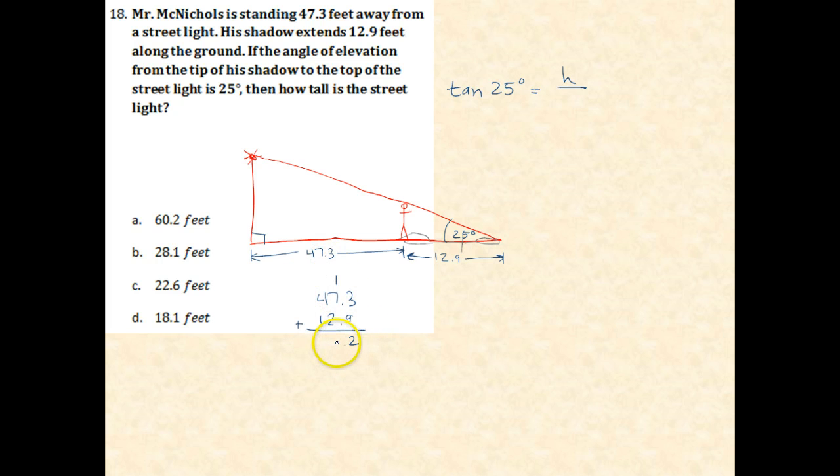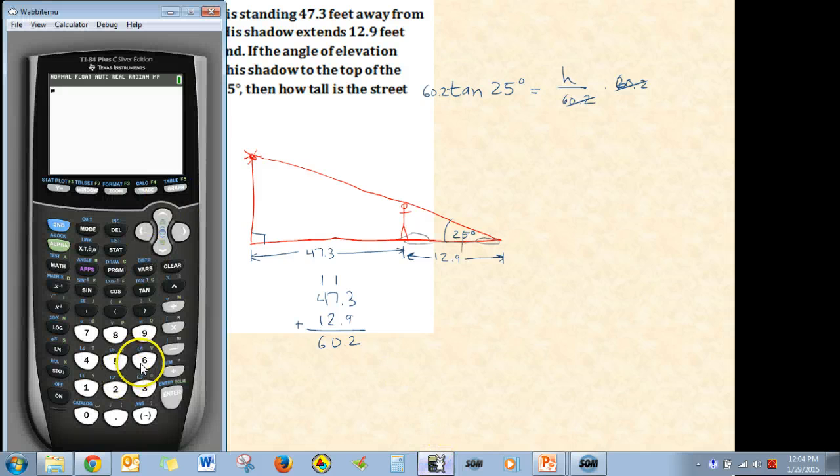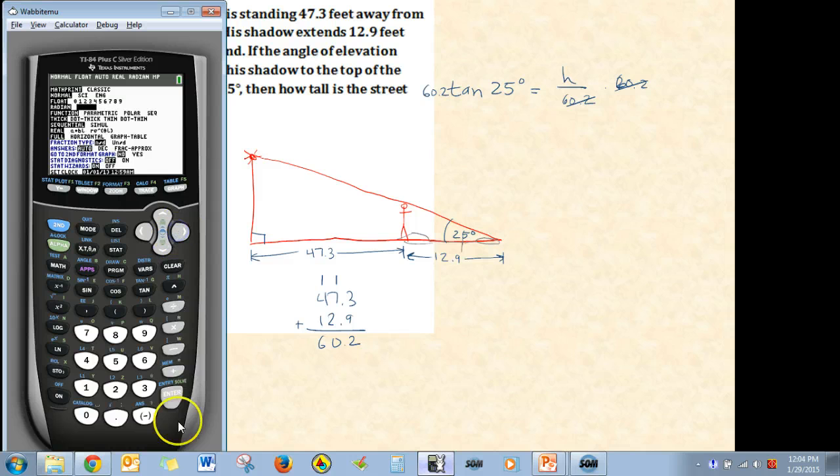2, carry the 1, 10, carry the 1, 60.2. So if I multiply both sides by 60.2, I get the height is equal to 60.2 times the tangent of 25. I need to make sure that I'm in degrees mode, so I'm going to mode myself back over to degrees.